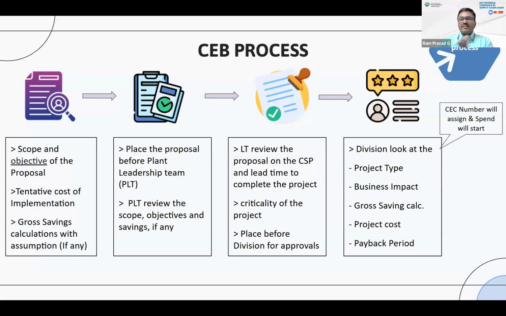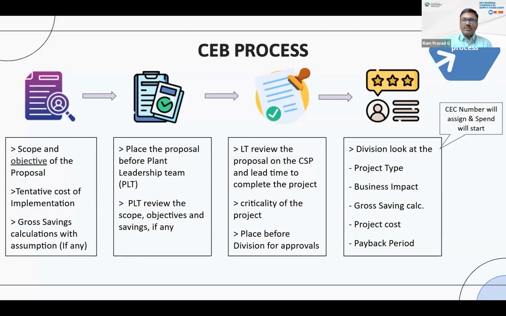Moving on, once this is done, organizations get a CEC number, or an internal order number, they call it. In an organization, it would be ideal to have one particular project having a number. Why? Because when the project gets kicked off, this CEC number will help us in identifying, tracking, and ensuring the spends are happening properly only for the approved project and not being used for any other.